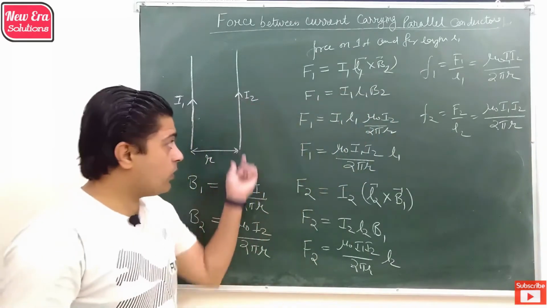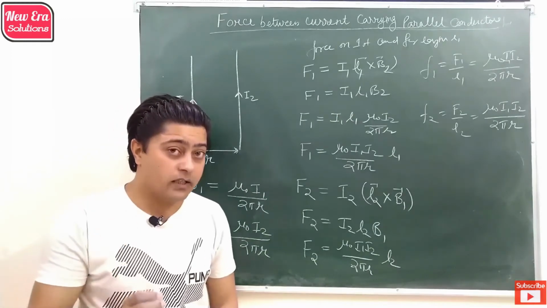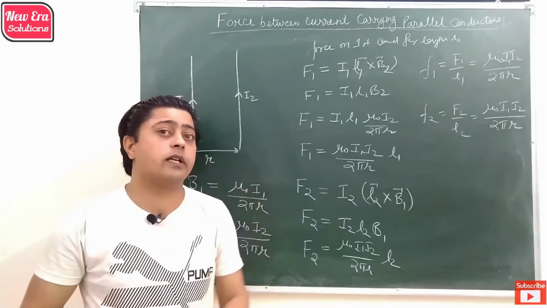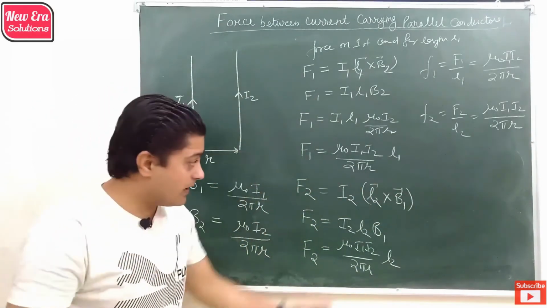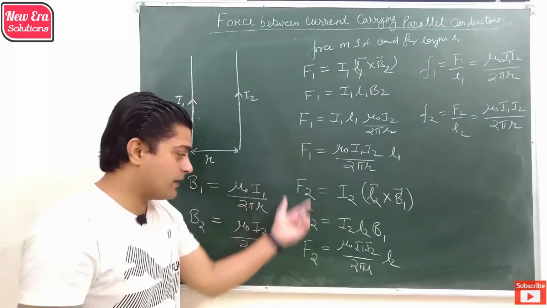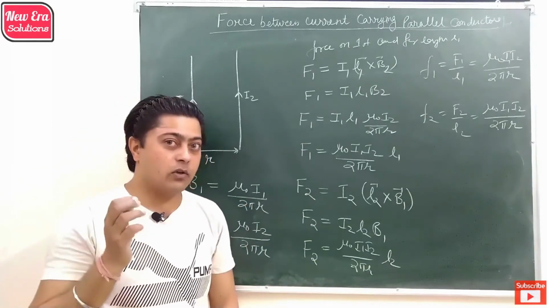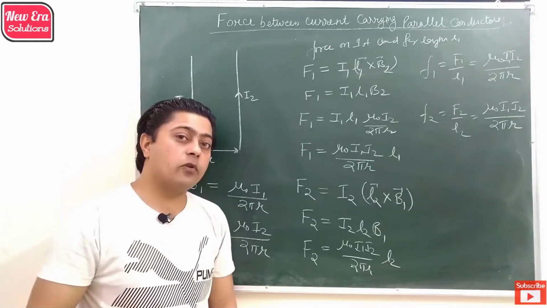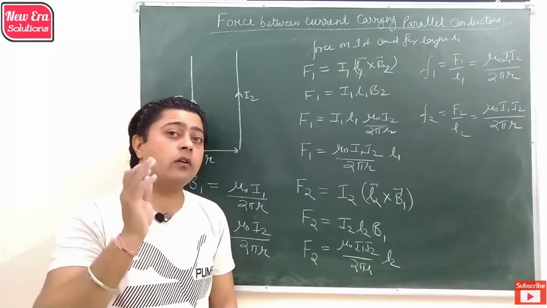So both current carrying conductors experience different forces, but the force per unit length experienced by both of them is the same. And if both conductors have the same length, L1 equal to L2, then the force experienced by them is also the same. So the force per unit length is the same whatever the length of the conductor, but the total force can only be the same when both conductors are identical in terms of length.